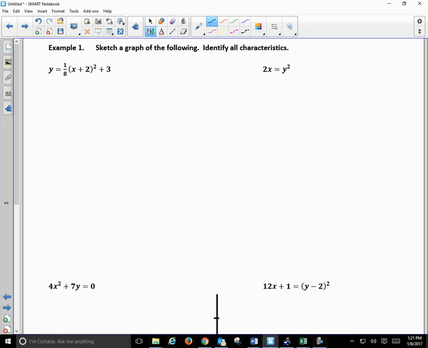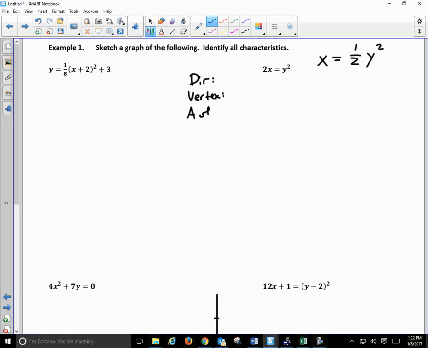So we start. I got to put it in a form that I understand. Should this be an x equals or a y equals? What do you think? It's going to be an x equals. How come? The y is squared. So if I divide by 2, I get x equals 1 over 2 y squared. So I have a direction. I have a vertex.